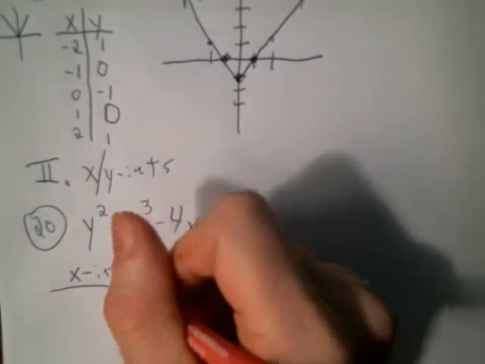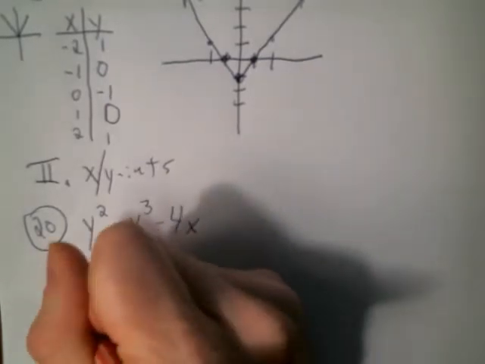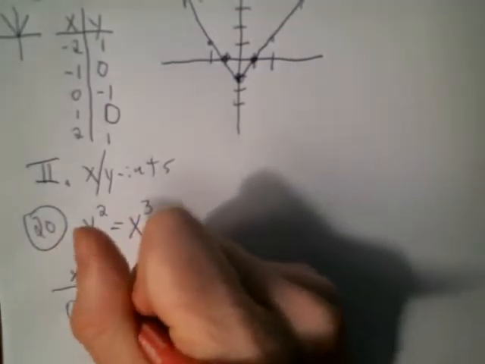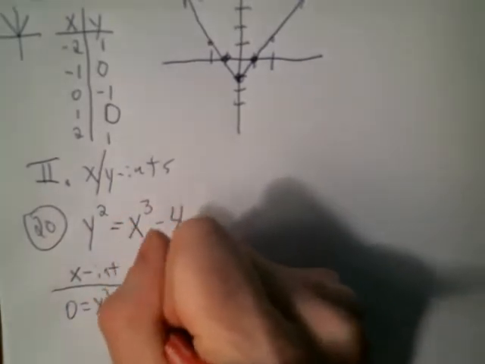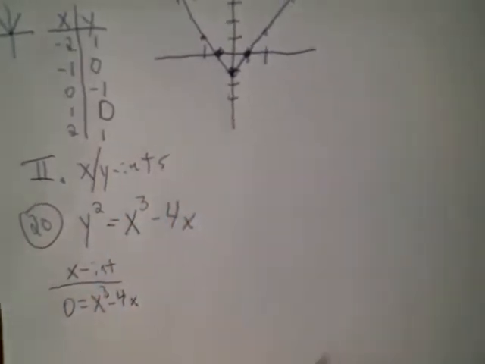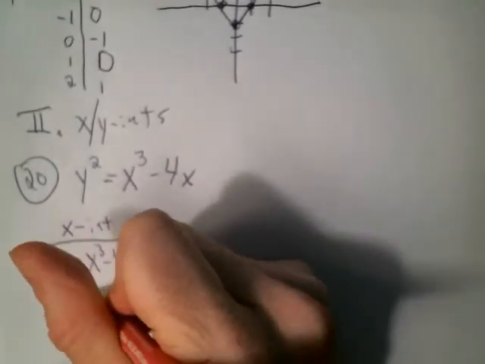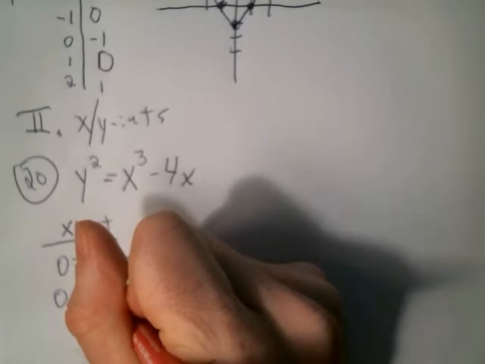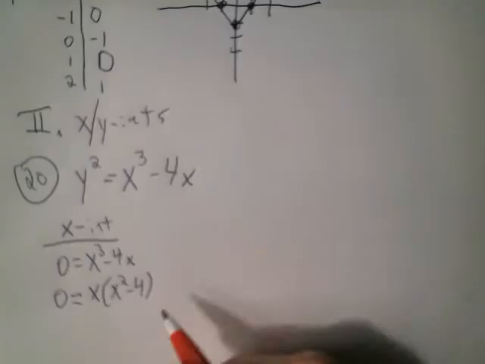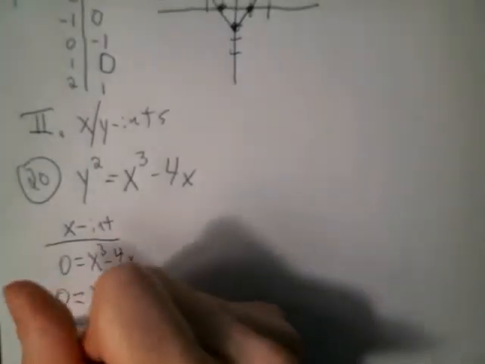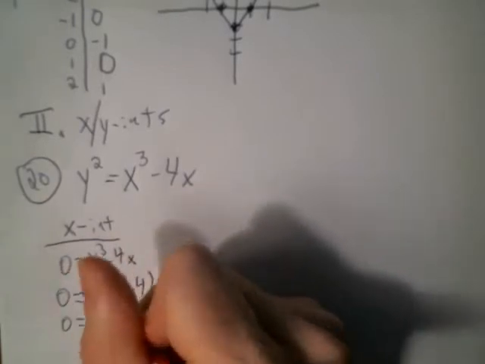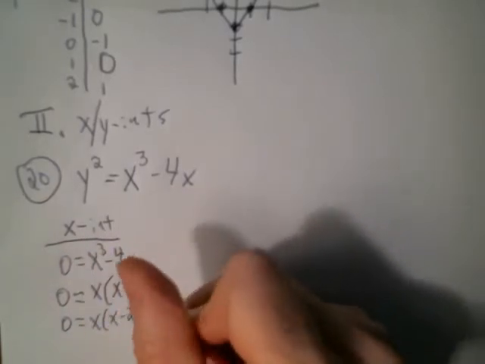For the x-intercept, you let y equal 0. So we have 0 equals x³ minus 4x. And then I have this little polynomial equation to solve, so you use all your methodologies. Here we have x times (x² minus 4). I could continue factoring the x² minus 4, so I have x times (x minus 2) times (x plus 2).